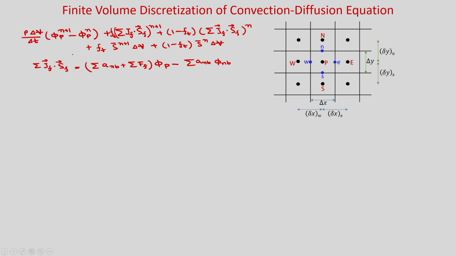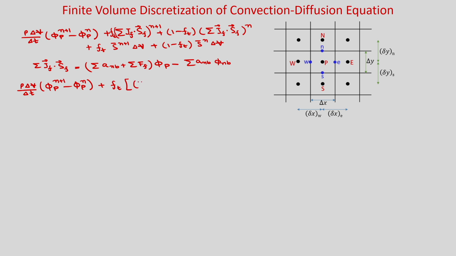Okay. So, now if you put it there, you are going to get rho delta v by delta t (phi p n plus 1 minus phi p n), plus f t, times this whole term at n plus 1 level.